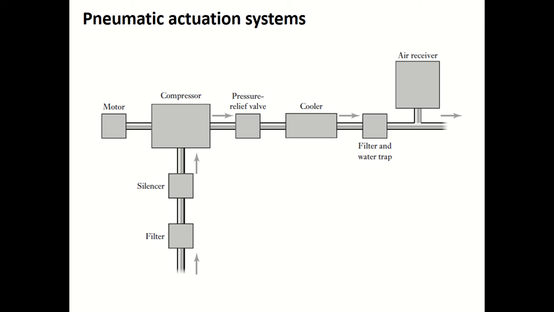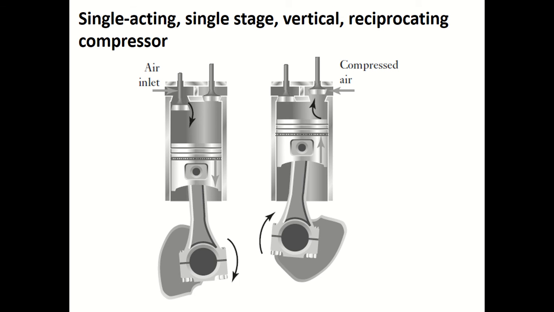There are different types of compressors used: the reciprocating compressor, the rotary vane compressor, and the screw compressor. These are the three main types used to achieve compressed air in pneumatic actuation systems. First, let us look into the single acting, single stage, vertical reciprocating compressor.